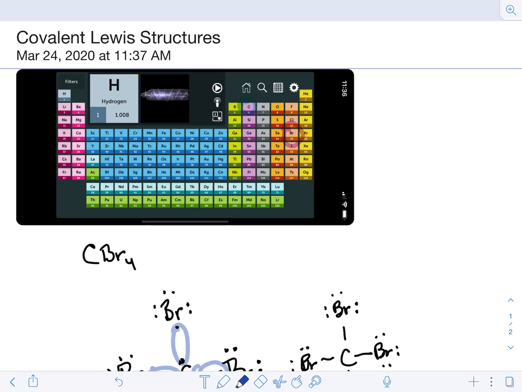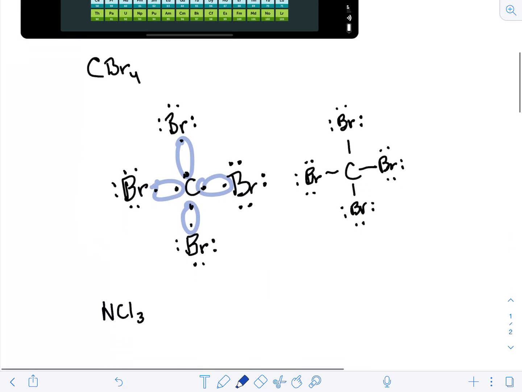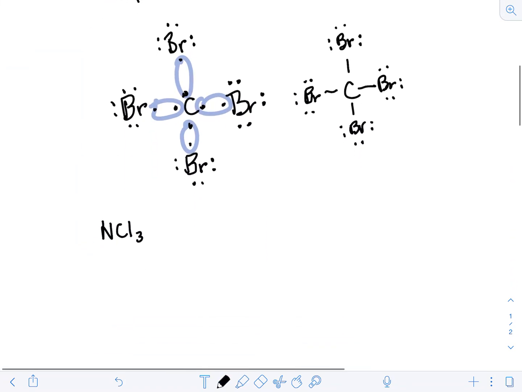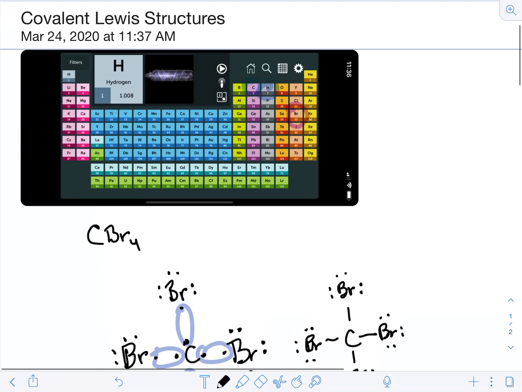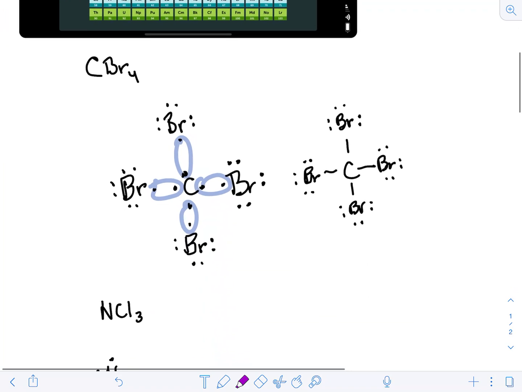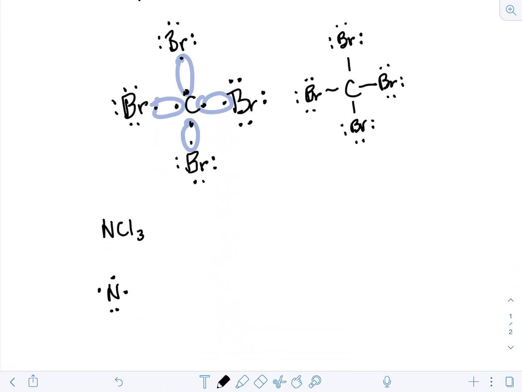Once again, I would look and see what the valence electrons are for nitrogen. If I look where nitrogen is, I have actually 5 valence electrons with nitrogen. And chlorine has 7 valence electrons. So I want to draw 7 valence electrons.